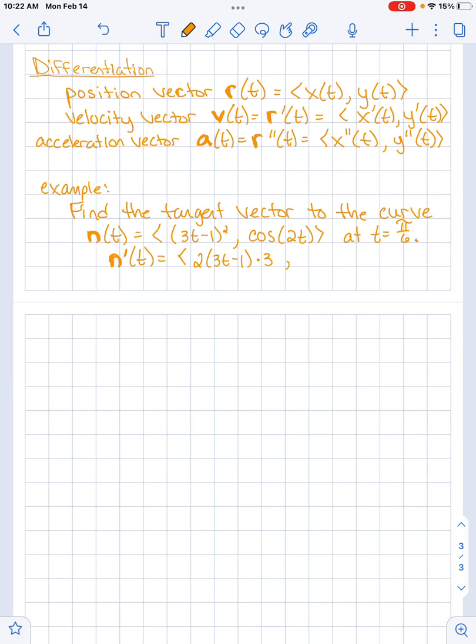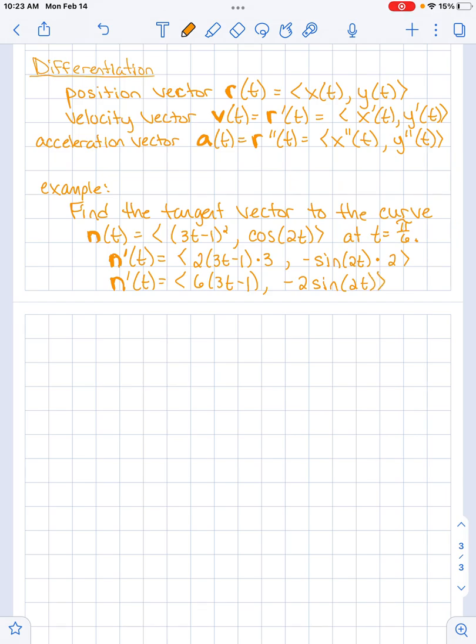For cosine, I will also find the derivative. The derivative of cosine is negative sine, so it's negative sine 2t multiplied by the derivative of the inner function, that's 2. So here's the velocity vector: 6 times 3t minus 1 and negative 2 sine 2t.